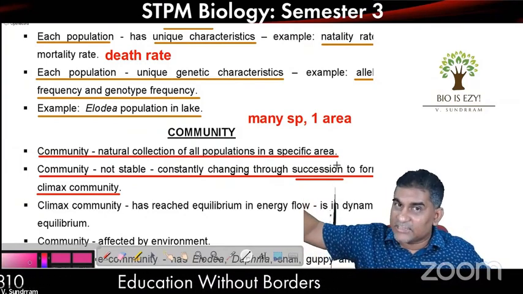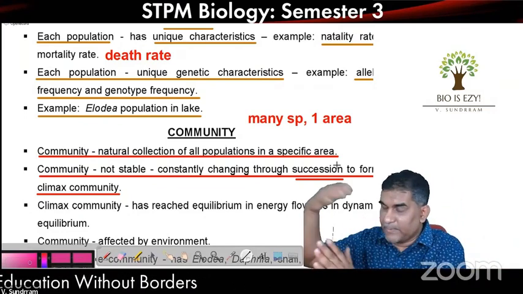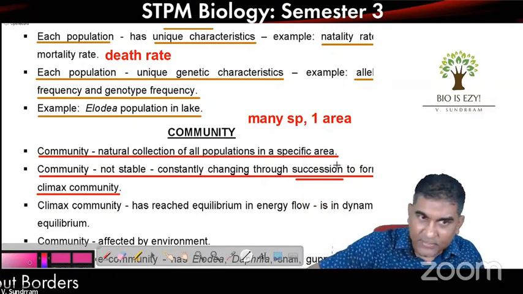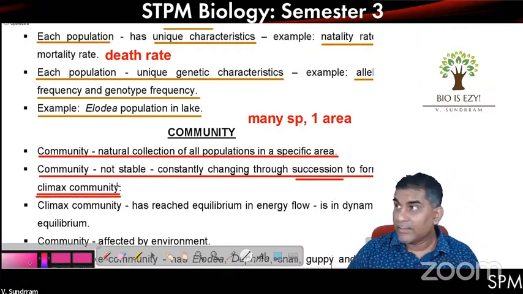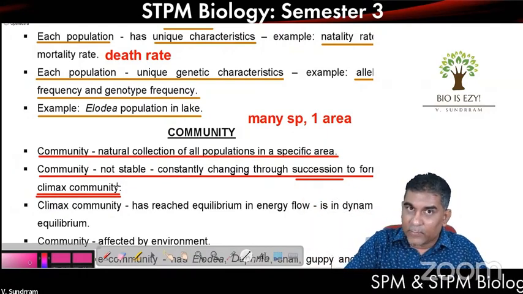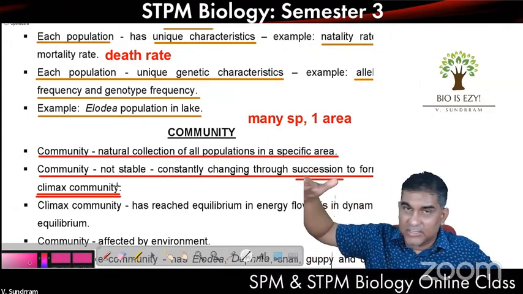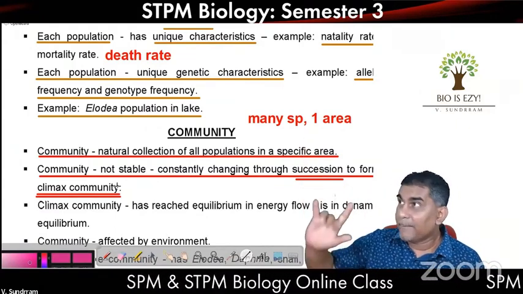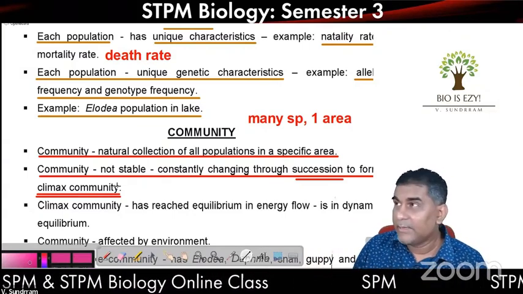How does the succession occur? From one species, replaced with another species, replaced with another species. In the end, you get a stable ecosystem. A stable ecosystem is known as a climax community. That's the ending: tropical rainforest in Malaysia. From an unstable community, it advances, takes a very long time, hundreds, thousands of years. In the end, we get tropical rainforest. But the tropical rainforest is stable, but it's not permanent. It can change overnight.